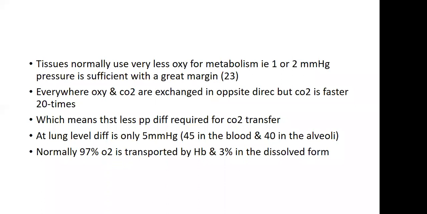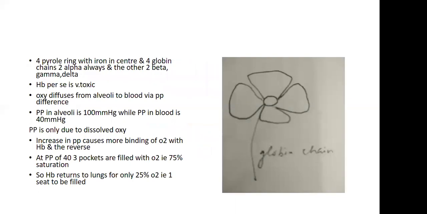And also remember that the dissolved form of the oxygen contributes to the partial pressure, not the oxygen which is bound with hemoglobin. The partial pressure is only because of the dissolved part.